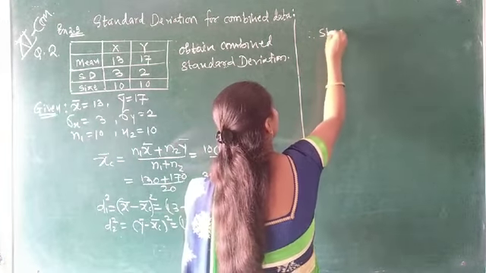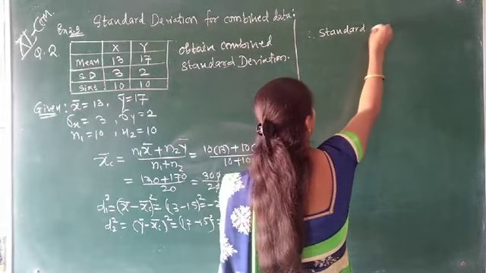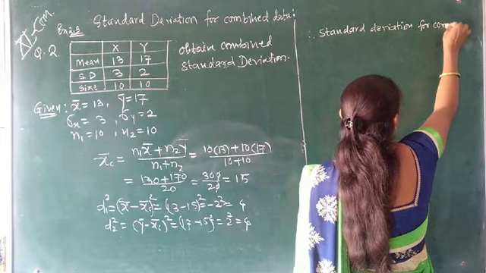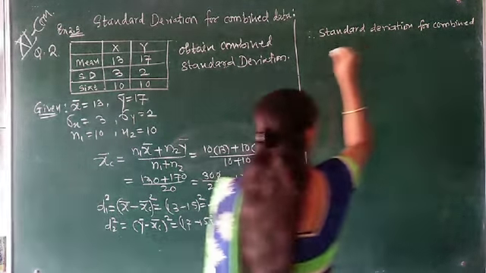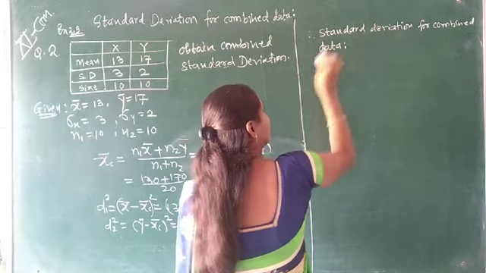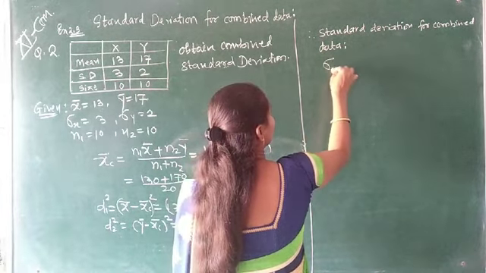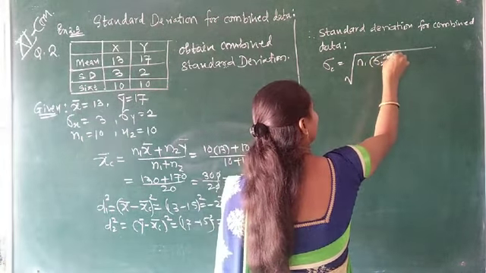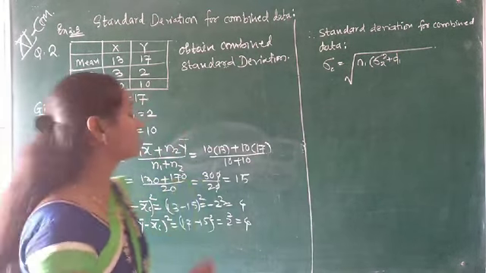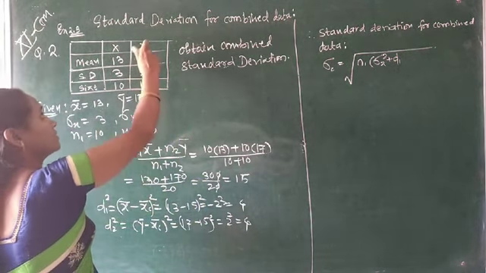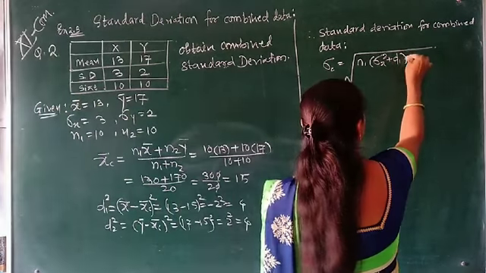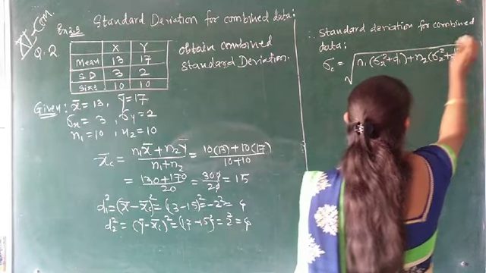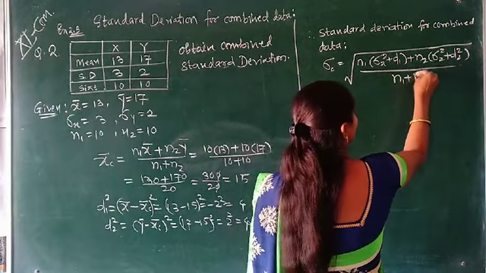Therefore the standard deviation for combined data is given by sigma c is equal to under root of n1 into sigma x square plus d1 square, where sigma x means the standard deviation for the set x and sigma y means the standard deviation for the set y, plus n2 into sigma y square plus d2 square, divided by n1 plus n2.